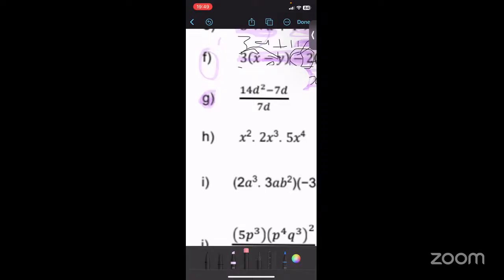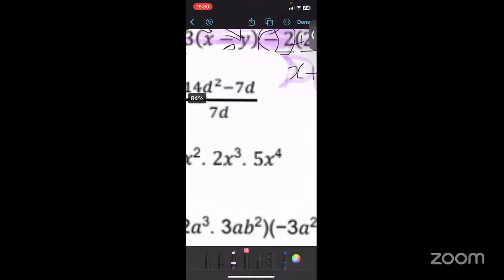That means we can make the highest common factor 7, and not just 7, we can also see that all the terms have a letter D. We have a D here, and a D to the power of 2 here. So our highest common factor can now be 7D, because 7D can go into the 14D squared, and it can also go into the 7D.